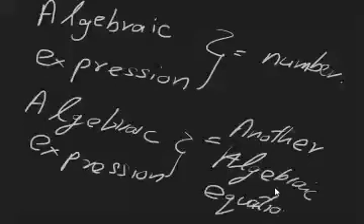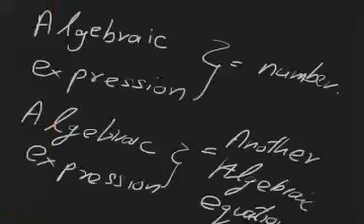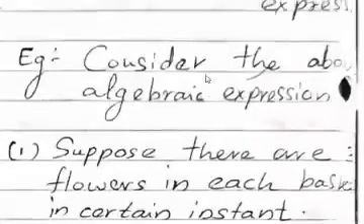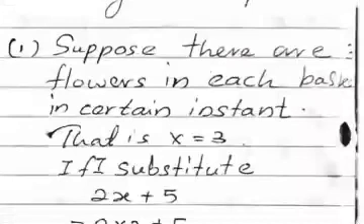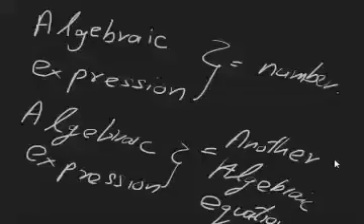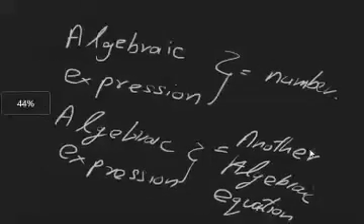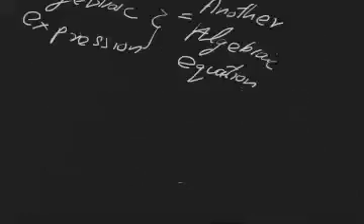Right. Okay. So now I am going to give some examples for these two relationships. We'll consider the above example again. In that example, I told there are X number of flowers in each basket, right?